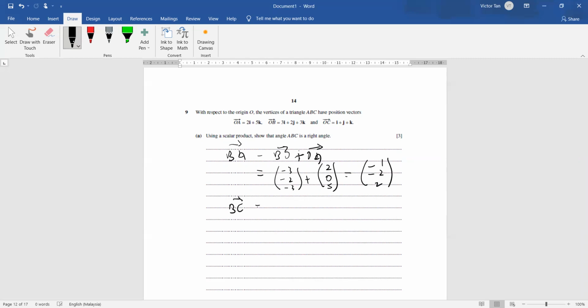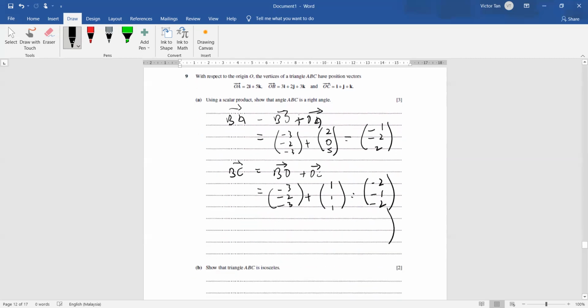BC equals BO plus OC: (3, 1, 1) minus (2, 1, 3), which is (1, 1, -2).